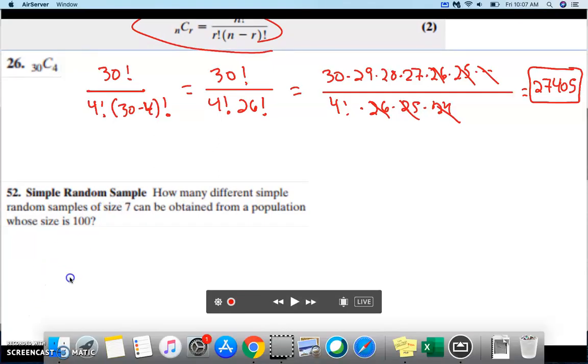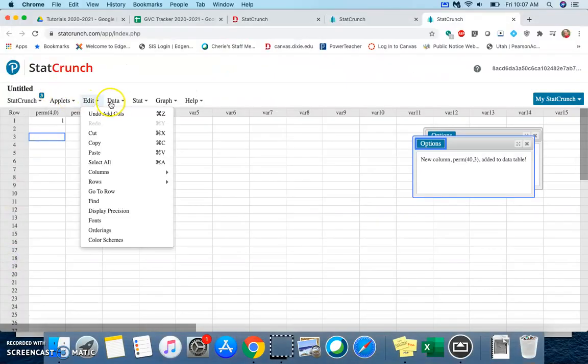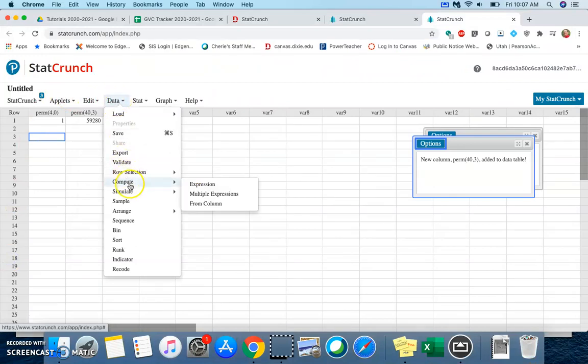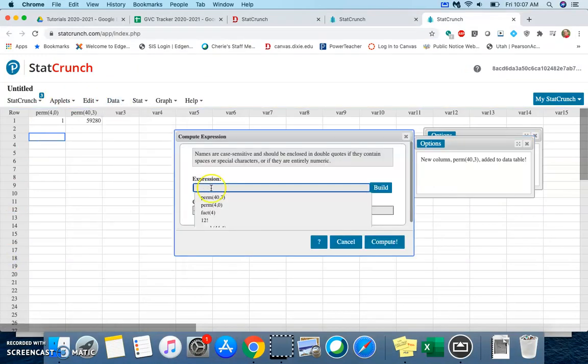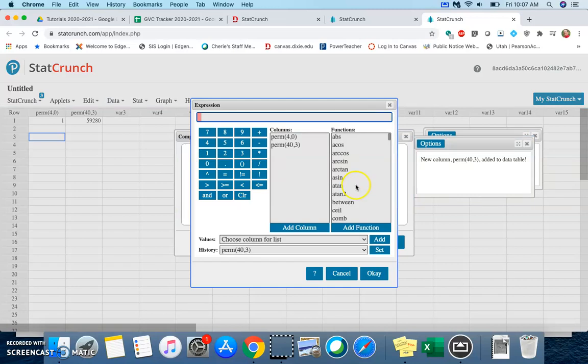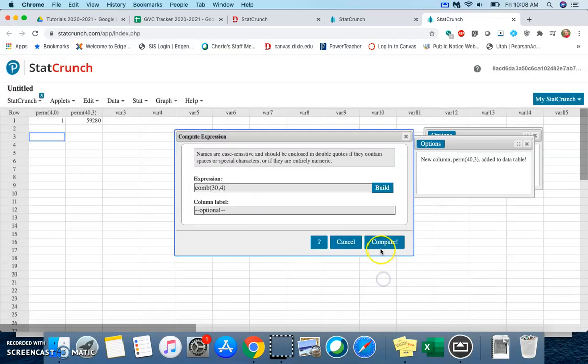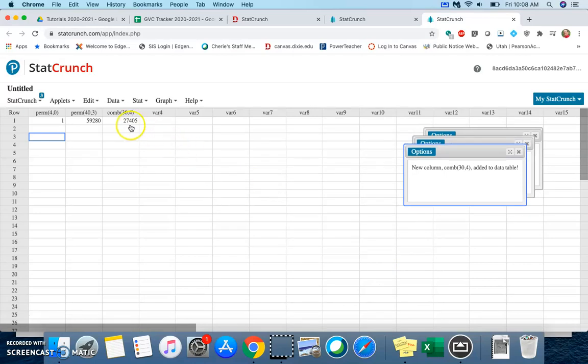You can do it in StatCrunch. So you're going to do data, compute an expression. In this case, you're looking for combinations. So there's combinations, and you would do 30, 4, and compute. And you can see the 27,405.